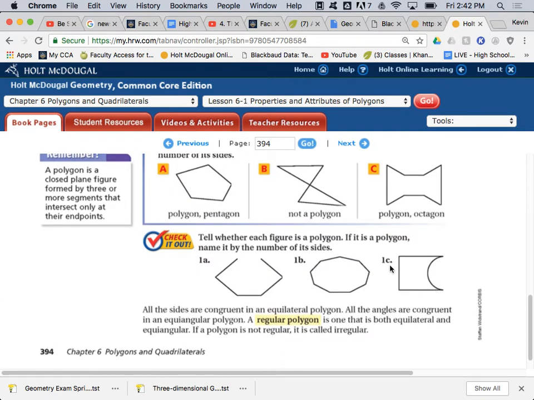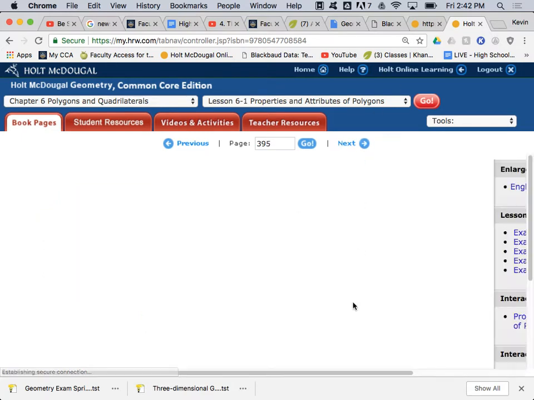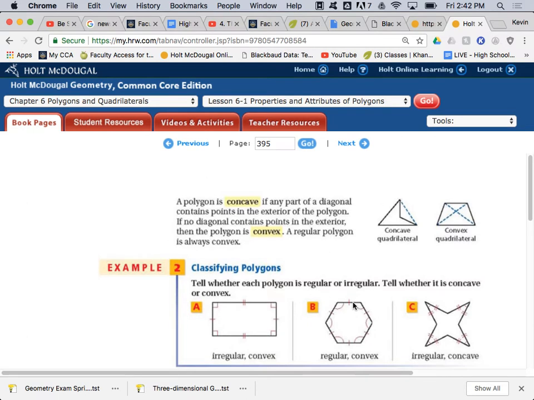Okay? And a regular polygon has all the same sides and all the same angles. Now, concave and convex. How can you tell the difference between concave and convex? Concave, the definition is if any part of the diagonal contains points in the exterior of the polygon.